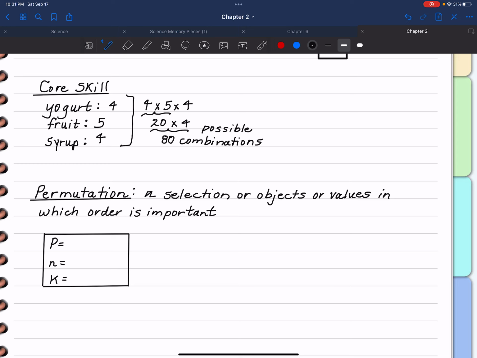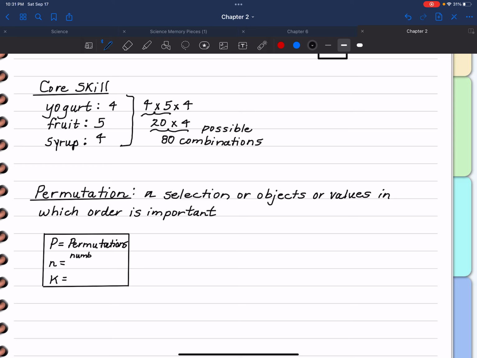Okay? So P stands for the number of permutations or possible finishes. N stands for the number of items. I didn't draw my table big enough, did I?